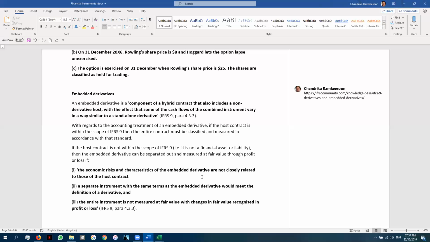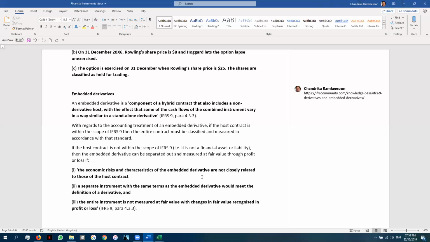It's a component of a hybrid. Remember, the embedded derivative is the derivative we are talking about. It's a component or a part then of a hybrid contract that also includes a non-derivative host, with the effect that some of the cash flows of the combined instrument vary in a way similar to if the derivative was standing on its own.